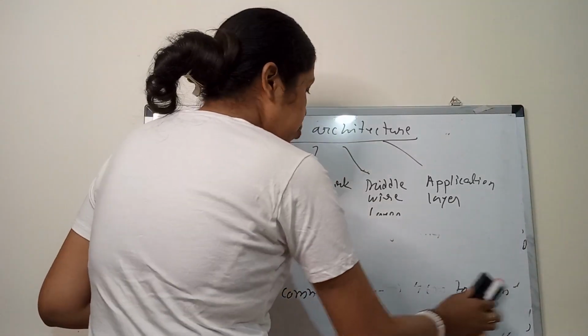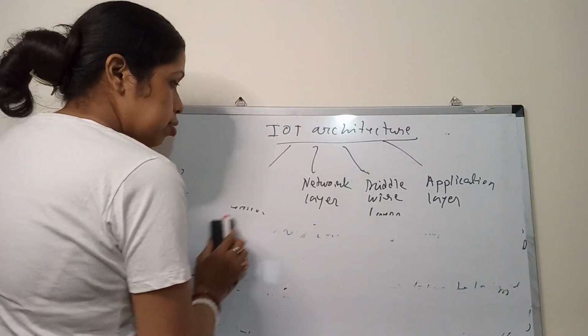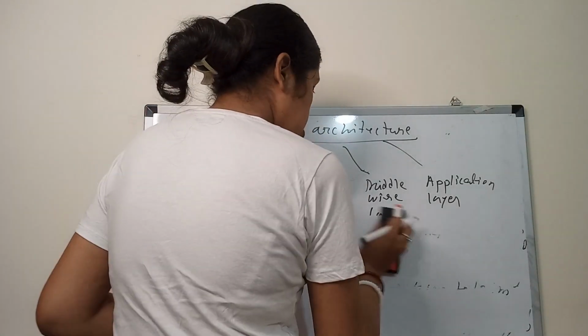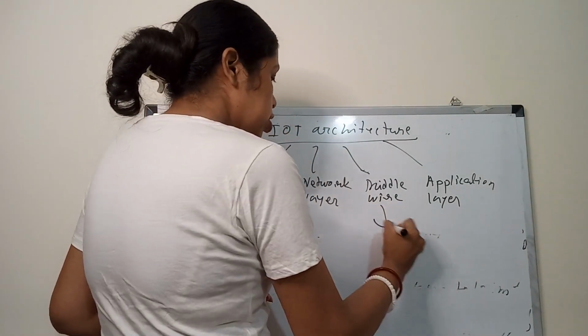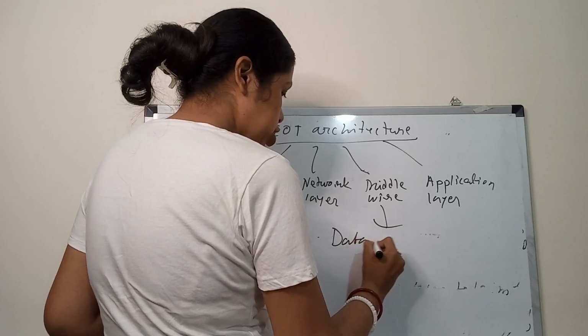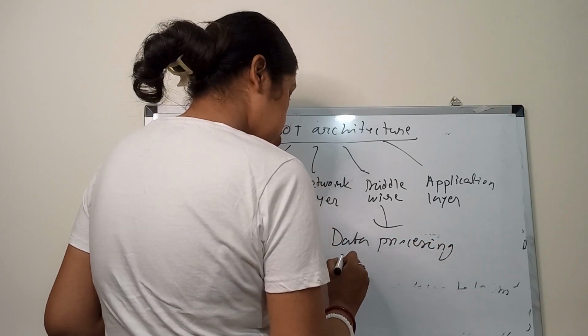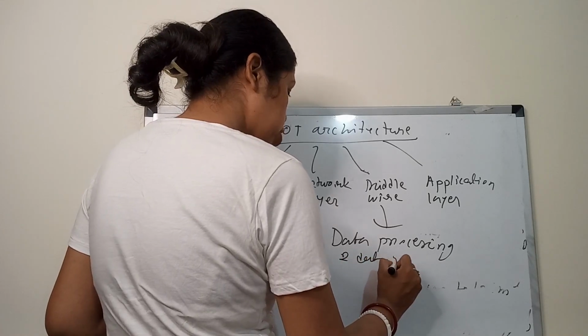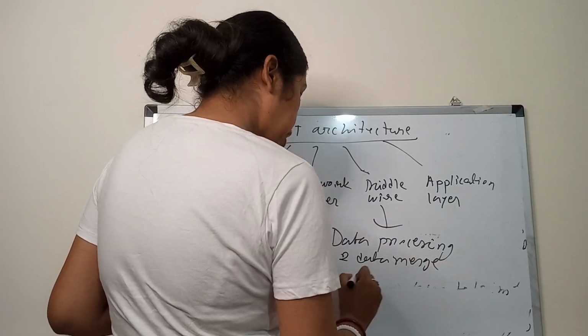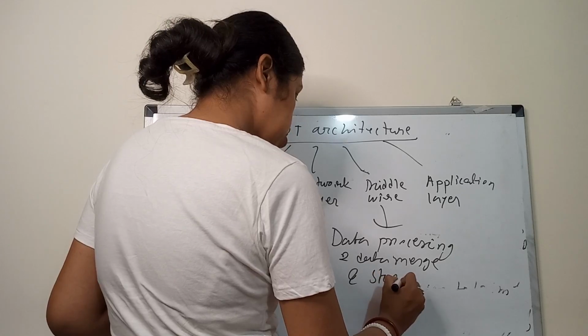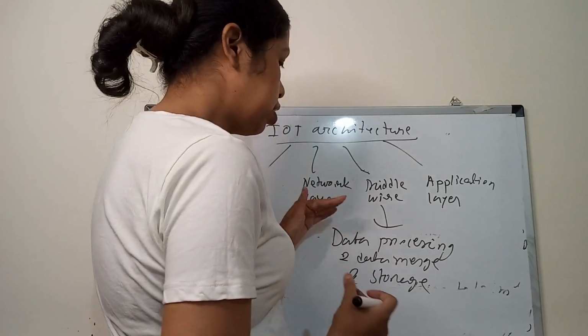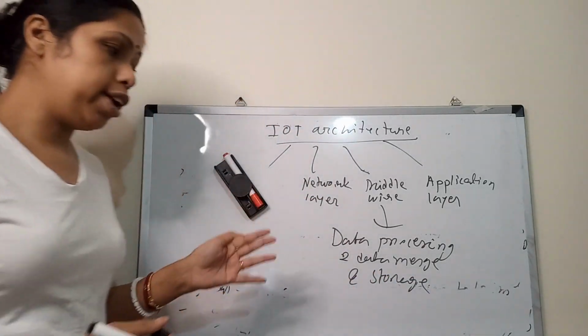Third component is the middleware layer. Here mainly data processing, data merge, and storage. These three things can be done by the middleware layer.